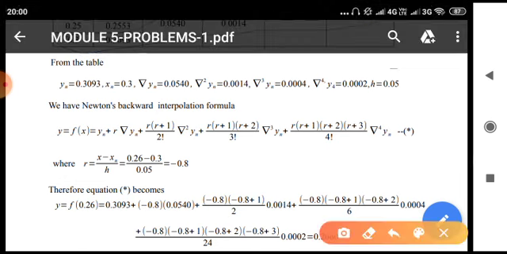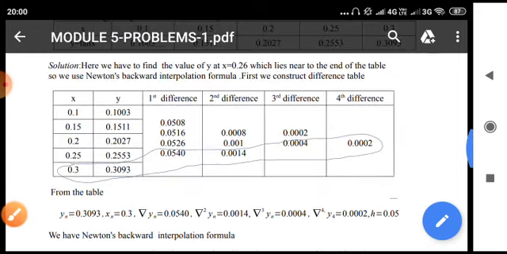where r is given by x minus xn divided by h. x is the point at which y value is required, which is 0.26, minus xn is 0.3, divided by h value. H value is calculated by using the formula x1 minus x0 or x2 minus x1.